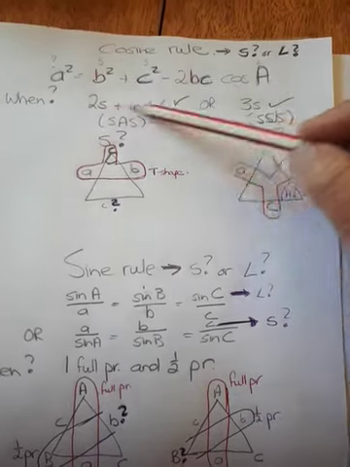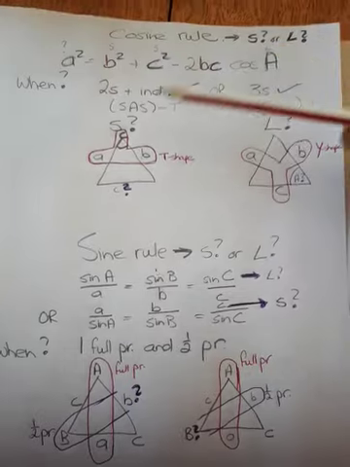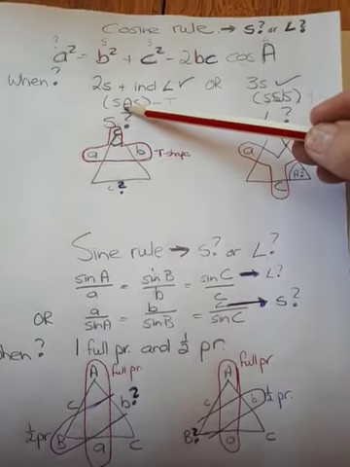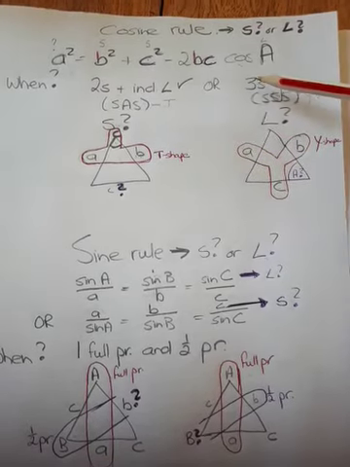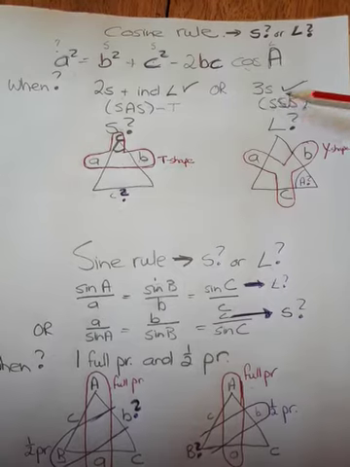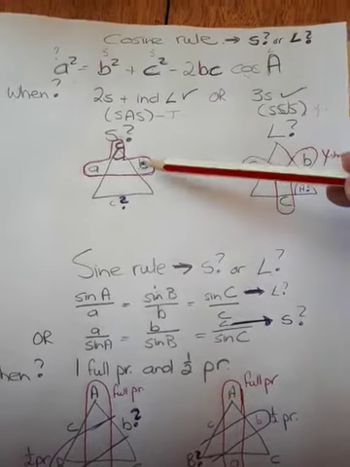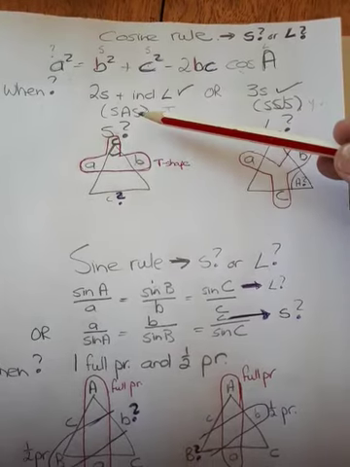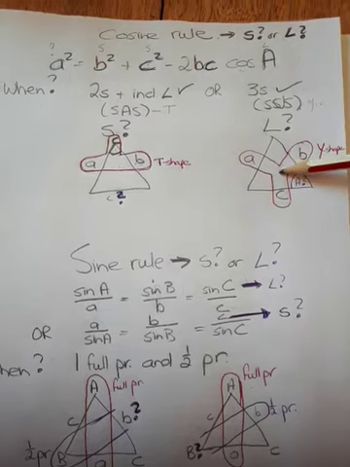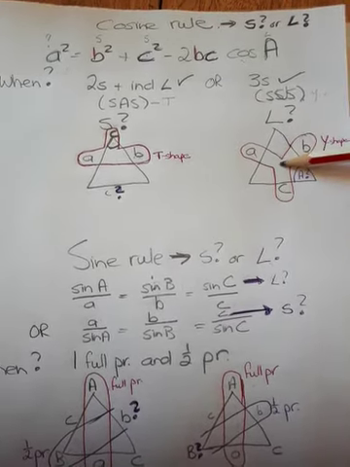So that's why I said remember the pattern. And we use that when we have SAS, standing for a side, an included angle and a side, or when we have triple S, which stands for three sides, okay? When we circle our given information, SAS gives us a T. When we circle our given information, S or triple S will give us a Y.